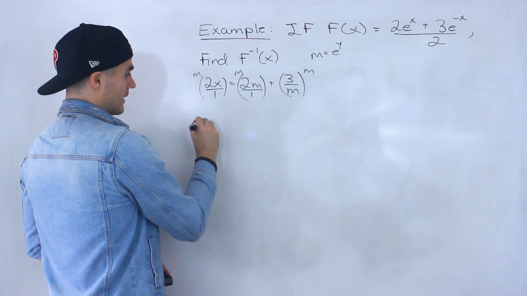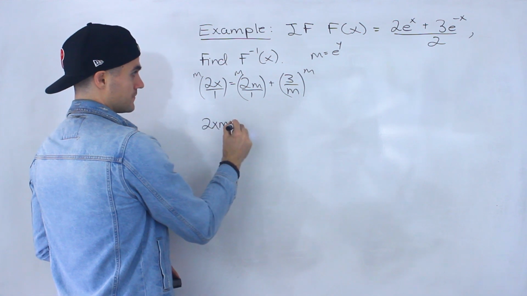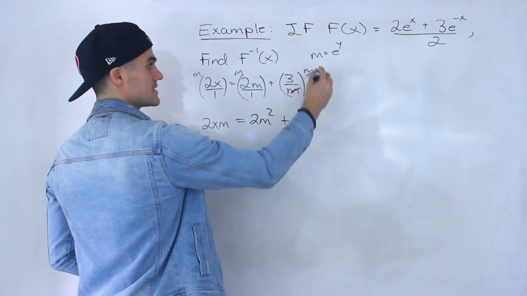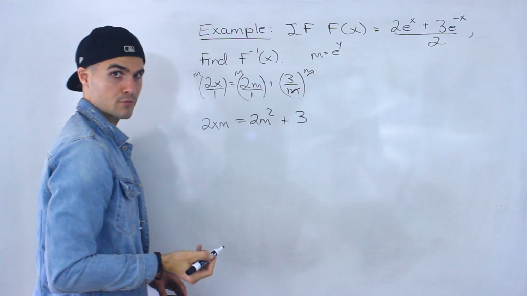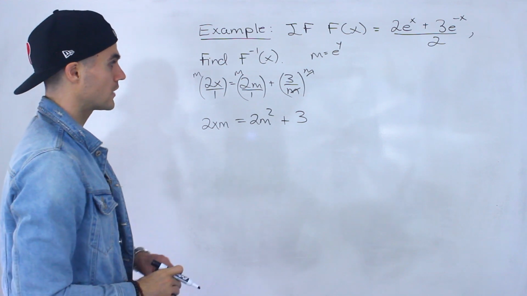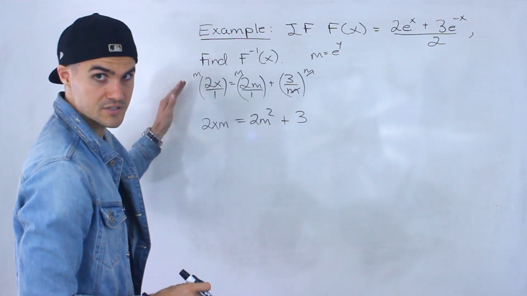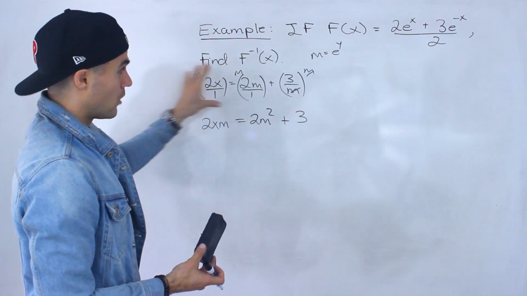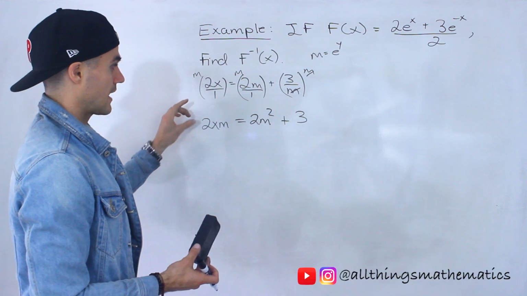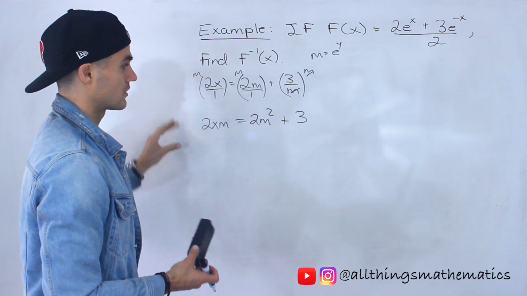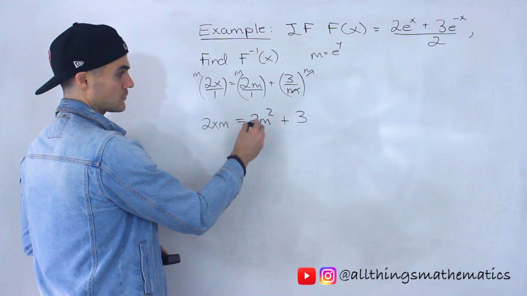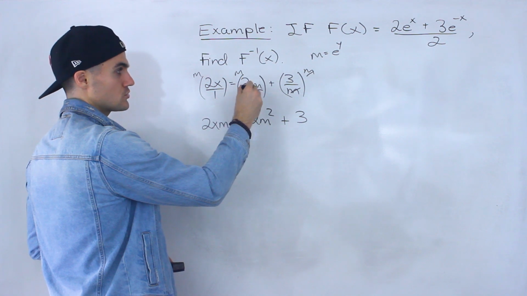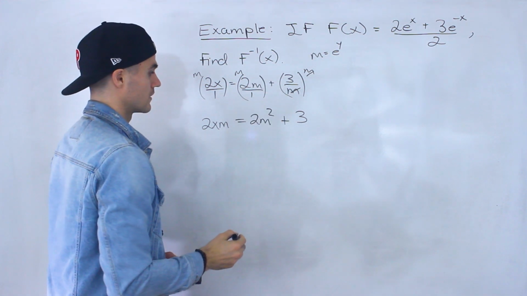So what we end up with is 2xm equals 2m squared plus, and notice these m's cancel out, so we end up with just a 3 there. That's how we got rid of that denominator: we multiplied both sides by the same expression, and now there are no fractions to work with. So 2xm equals 2m squared plus 3 is the exact same as 2x equals 2m plus 3 over m.